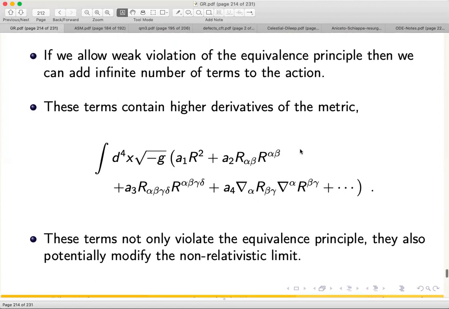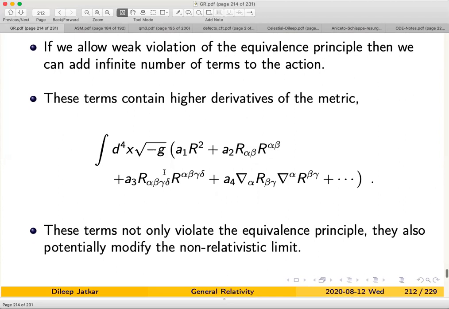Of course, these kinds of terms not only violate the equivalence principle, they could potentially modify the non-relativistic limit. So, in order to not violate the non-relativistic limit, we will have to put constraints on these A1, A2, A3, A4 coefficients.